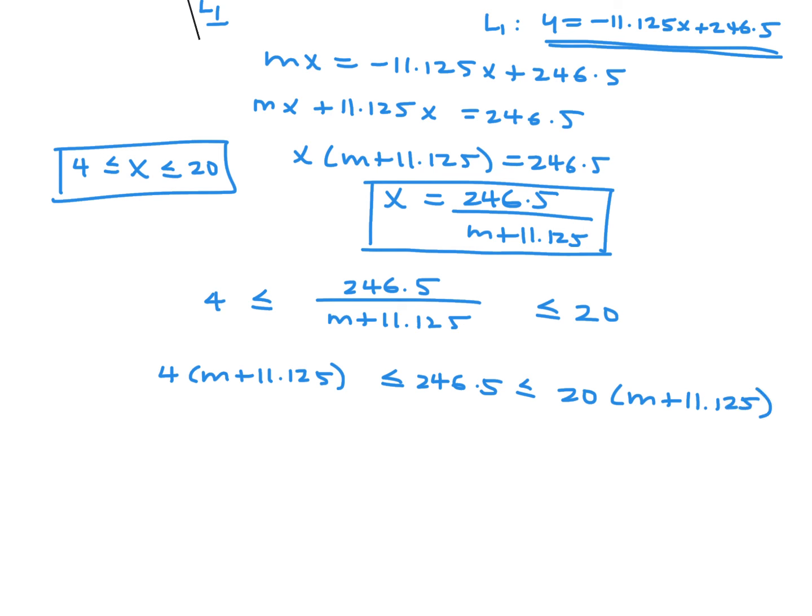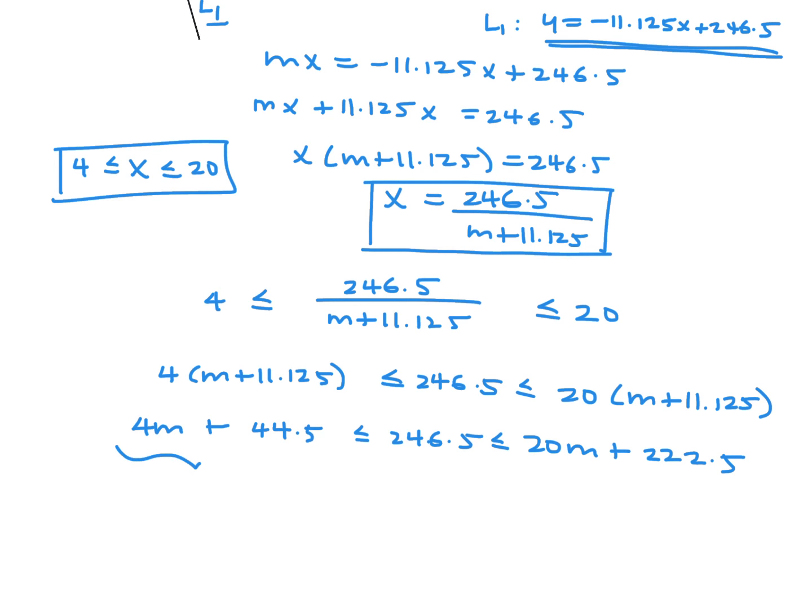And then let's just multiply out: 4m plus 44.5, I believe, is less than or equal to 246.5, and 20m plus 222.5 is greater than or equal to 246.5.